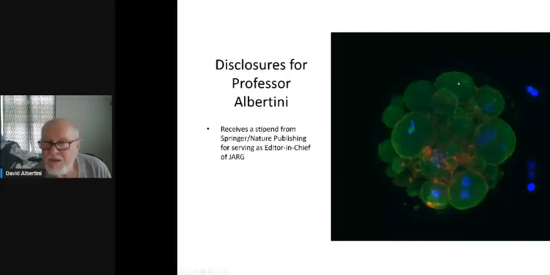But this also gives me a chance to share with you a confocal image of a human embryo that fertilized normally, had a very symmetrical cleavage up to the 4-cell stage, and then arrested.